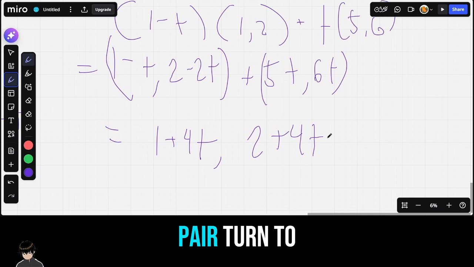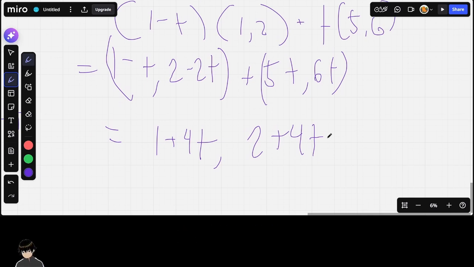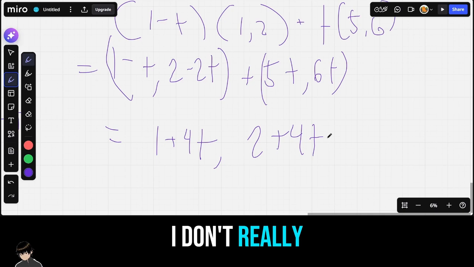The second pair turned to 2 and 4. I don't really know.